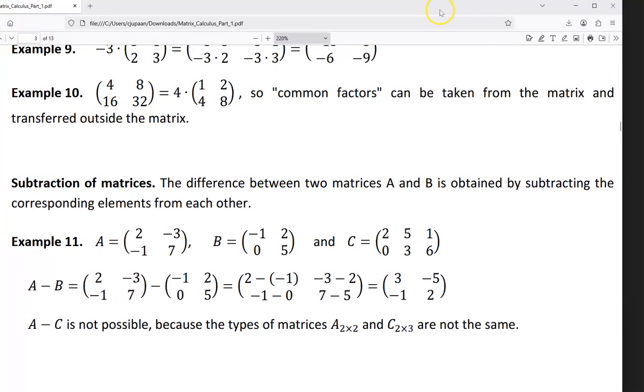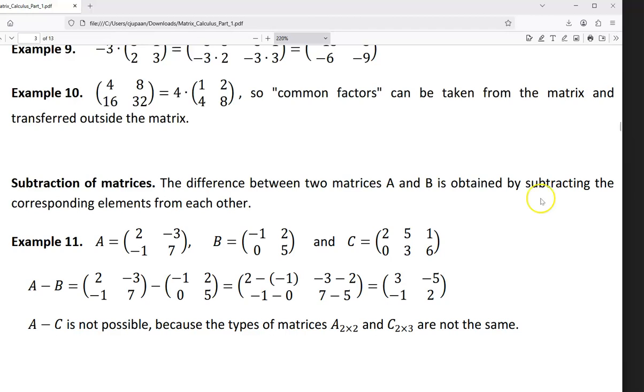Subtraction of matrices, well, this is also a simple rule, because if you want to calculate the difference between two matrices, you just calculate that difference by using corresponding elements.